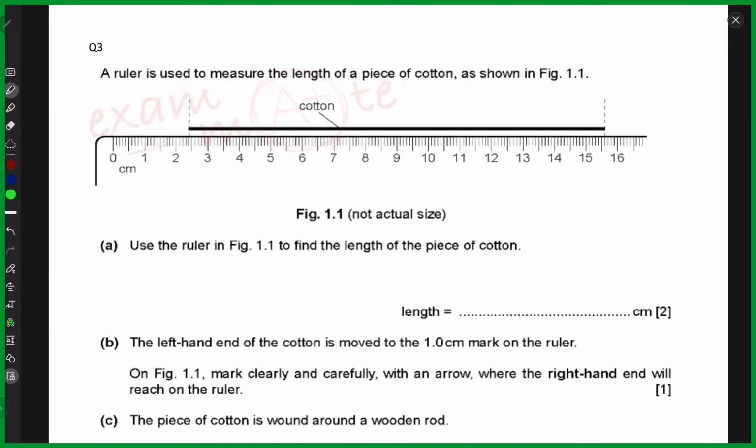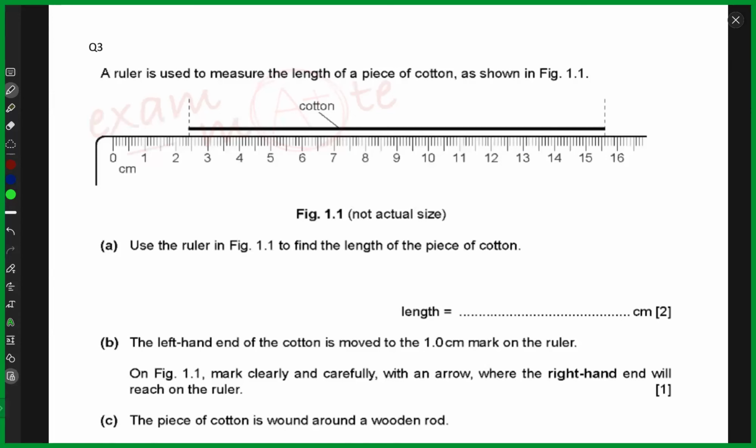First, you can find the distance between 0 and the left part of the cotton. Then you find the total distance of the cotton, and then subtract both of these. Exactly, that's what you can do.